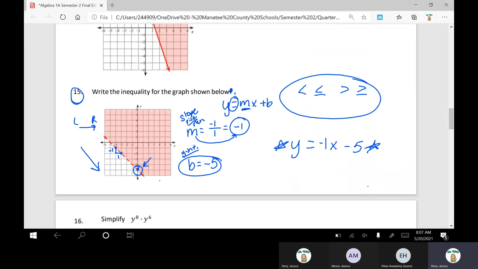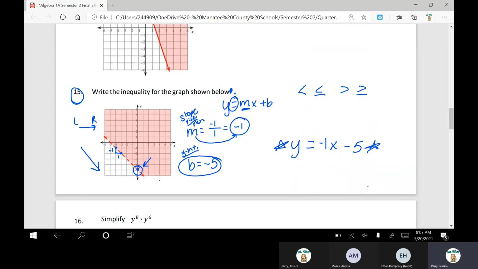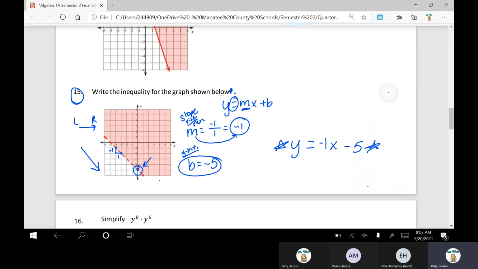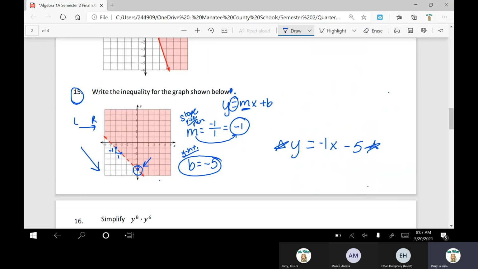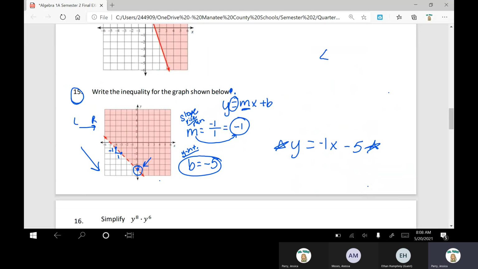We need to figure out what symbol we're going to use next. So we're going to clean this up a little bit. I'm going to erase these because I'm going to draw us a little table to help us out. So first we need to figure out if it's the less than symbol or the greater than symbol.